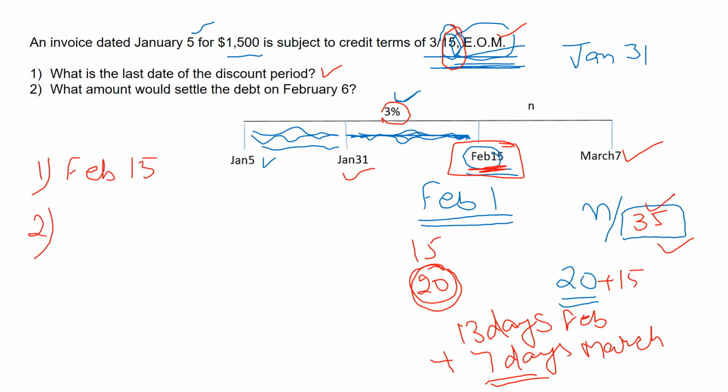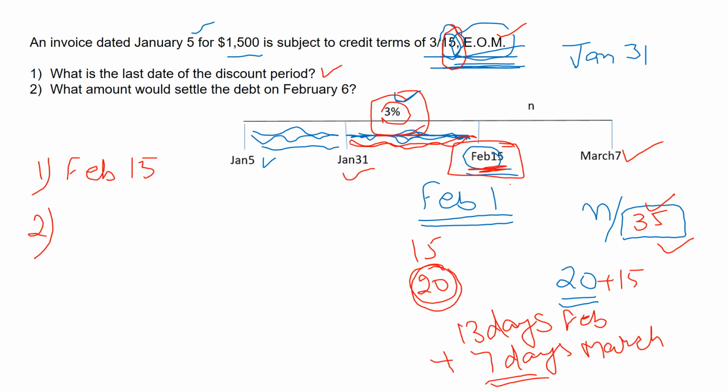Second part, what amount would settle the debt on February 6th? Now February 6th comes in this time slot, right? It is in the cash discount period. So we'll calculate 3% of 1500.